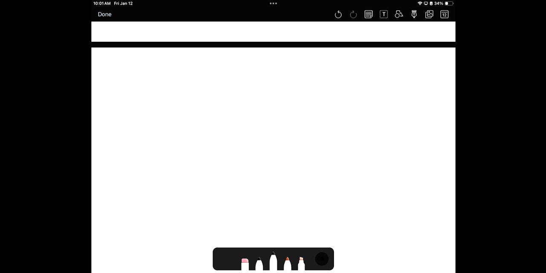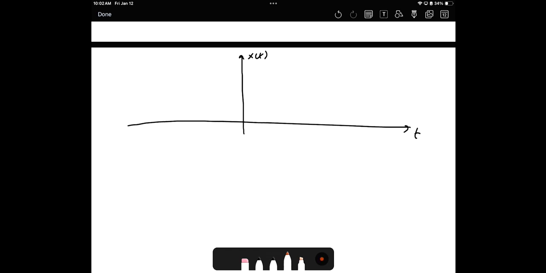Last lecture we stopped at continuous and discrete time. Let me give a small demonstration here. This is x of t for the signal, and this is the time. Let's assume the waveform is like this.